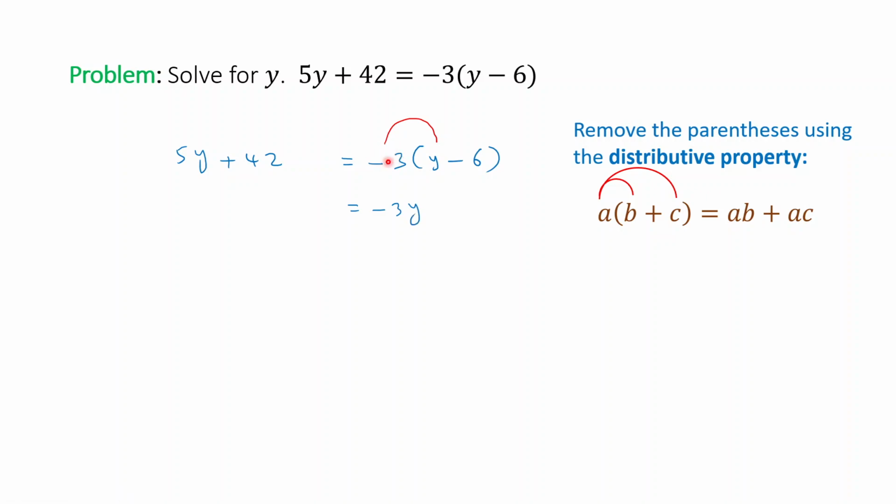Now multiply this and this. Negative 3 times negative 6 is positive 18. On the left hand side you have 5y plus 42.